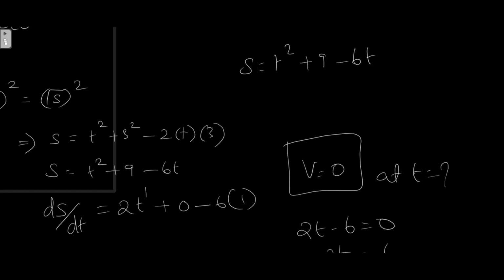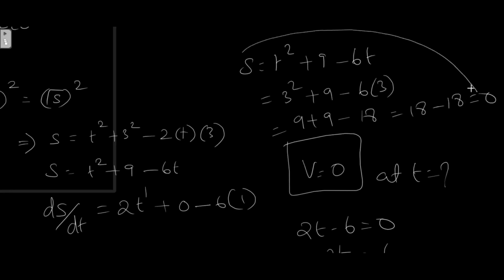At t equal to 3: 3 square is 9, plus 9, minus 6 times 3 which is 18. So 9 plus 9 is 18, minus 18 becomes 0. So displacement becomes 0. At the third second, the position of the body is at 0.